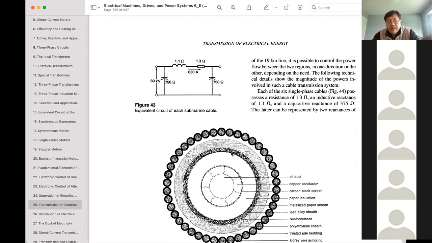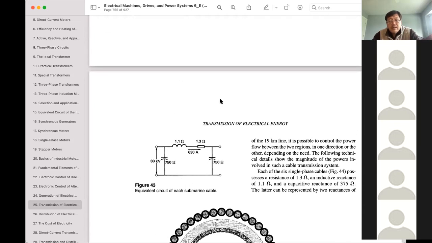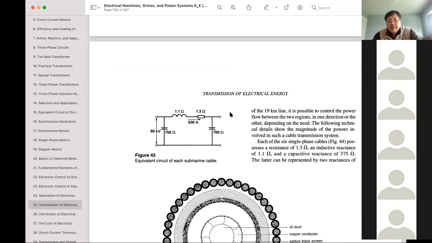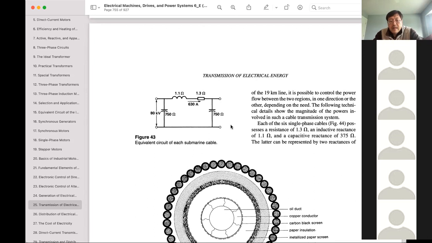We have paper, we have lead. I think the lead is for moisture. And then we have plastic. We will insulate against moisture. Anyway, for DC power delivery, it's more feasible. Another reason for DC power delivery is underground. If you want to deliver any power underground or underwater, the feasible way to do it is DC.